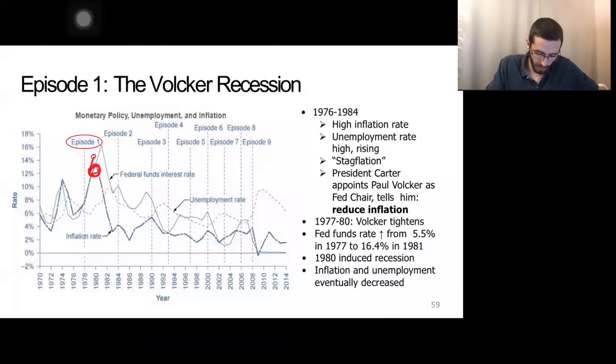And we can see that happen. You can see a drop in the inflation level right here, but at the same time, you can see through this line right here that unemployment does increase. So the impacts were as predicted by the model that we saw earlier. That was done by Paul Volcker, and he really hiked the federal funds rate from 5% to 16%, as you can see. So very, very contractionary policy.